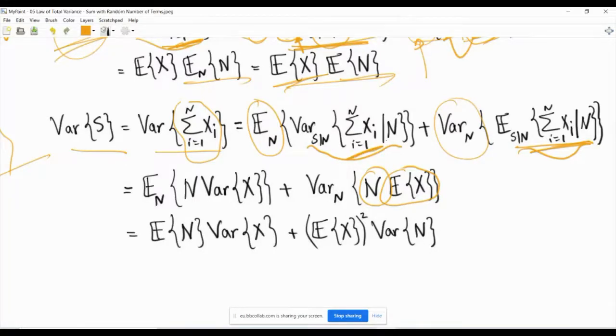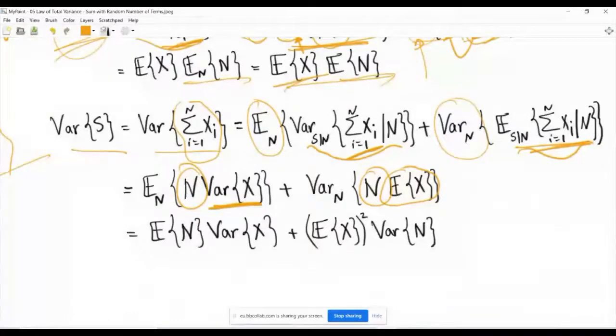If we fix the number of terms in the summation, generally the variance of a sum is not the sum of variances, but because the X's are independent of N and independent of one another, in this particular case the variance of the sum is the sum of variances. Since they are identically distributed, it's the variance of one guy multiplied by the number. Are we done? Not yet.